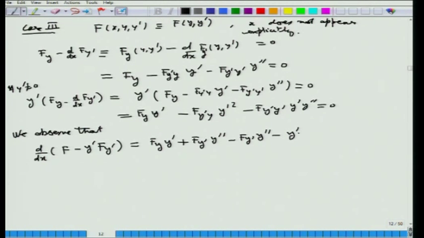So, here that will be f_y prime y and y prime. So, you get y prime square here minus y prime and then f_y prime and y double prime. So, that is what we will write here equal to 0. So, we see that these two are the same because this cancels here.